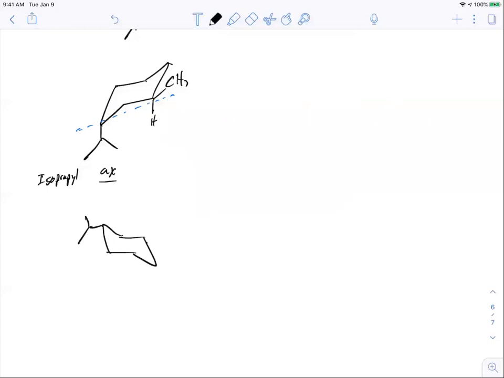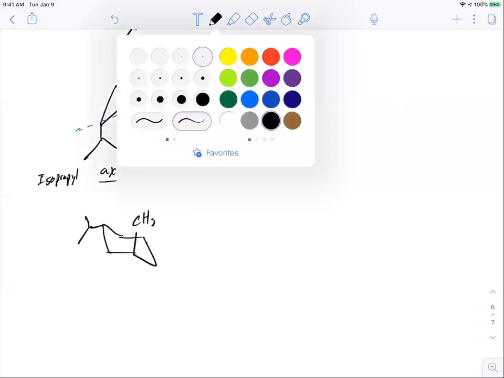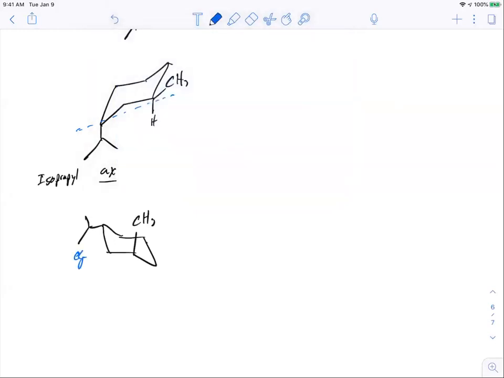Now my methyl was equatorial, so now it's going to be axial. And so I end up with equatorial axial. So my isopropyl is in the most stable position.